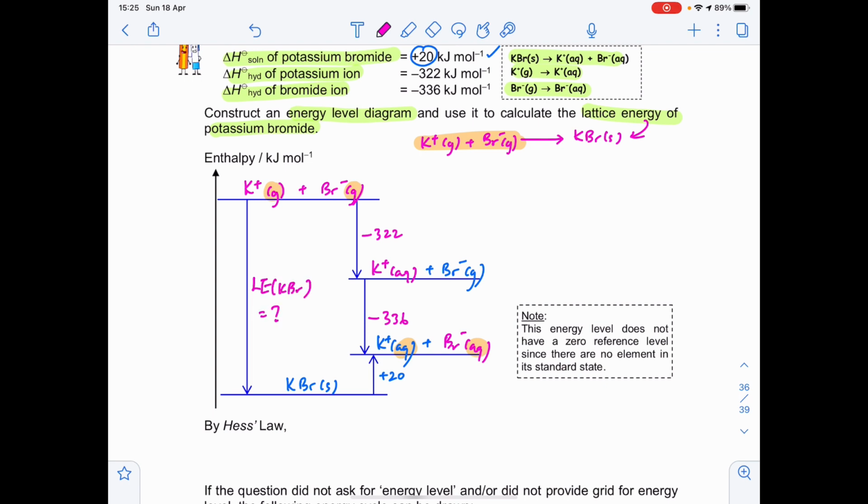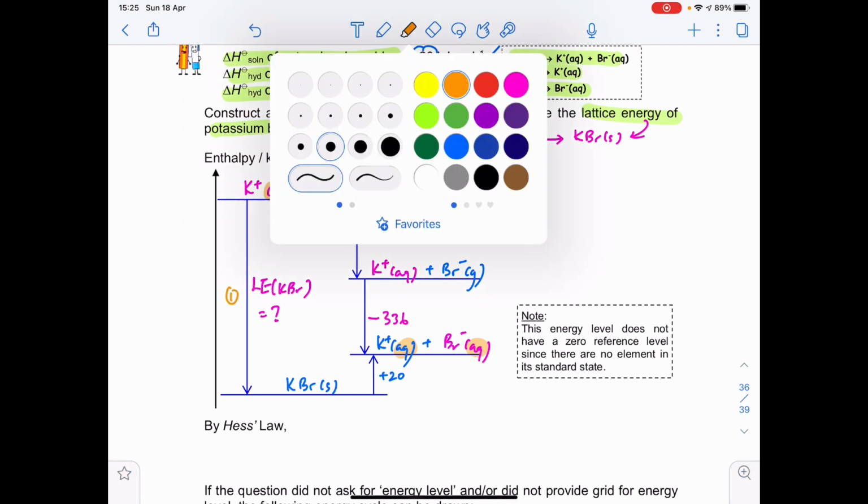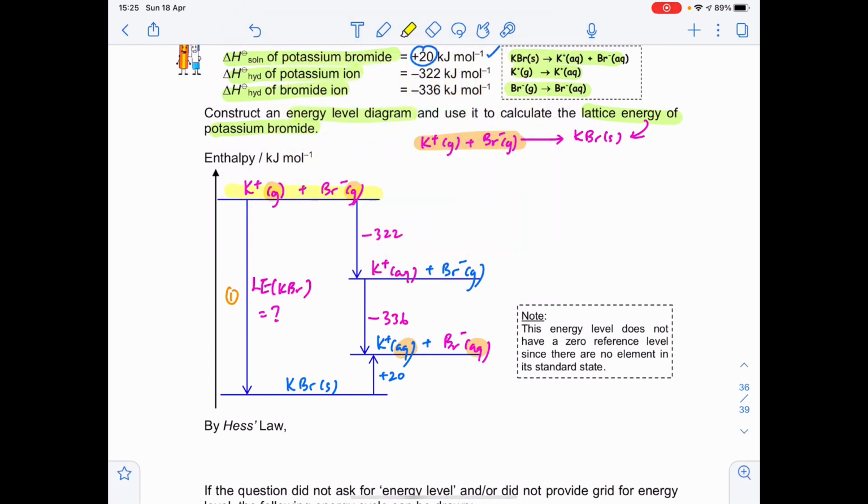To find the enthalpy change for this process, you can go by Hess's law. So by Hess's law, this is the direct path to bring the initial state to the final state. You can go by the indirect path, which is this path.